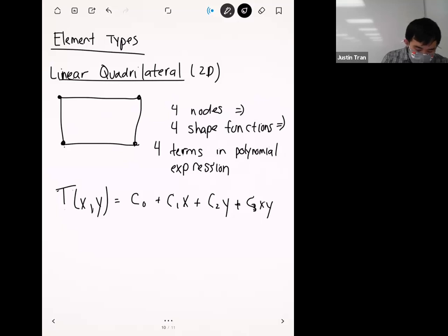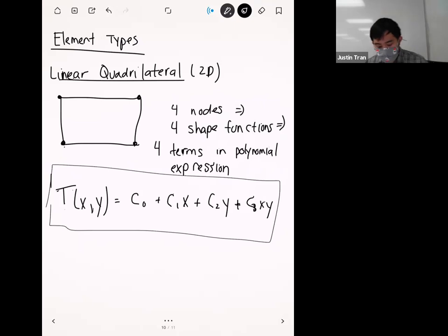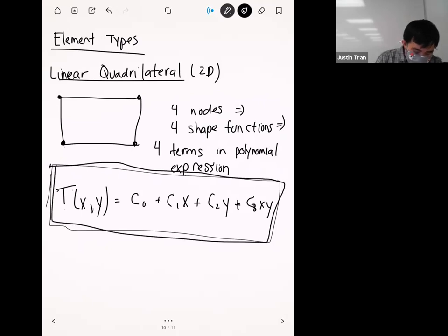And then we have c3xy, which is our mixed term. Now remember, since this is considered our linear quadrilateral, all four of these terms are considered linear terms, even the last one. Even though we have a product of x and y, we consider this term as pseudo-linear.